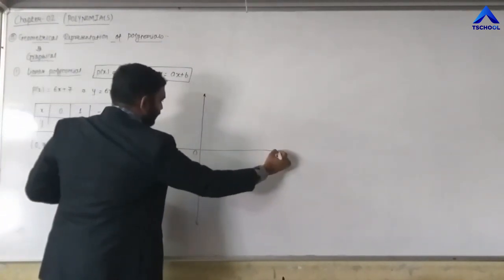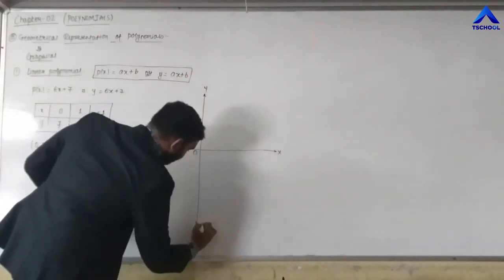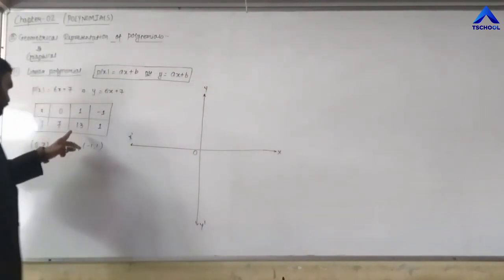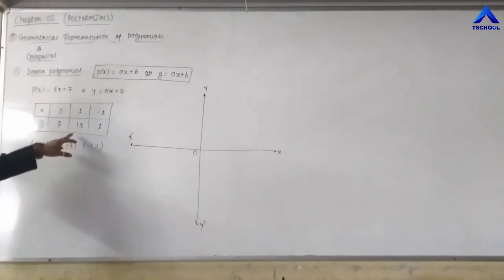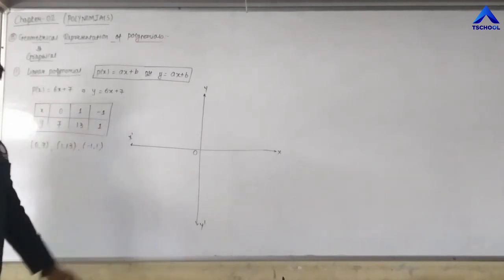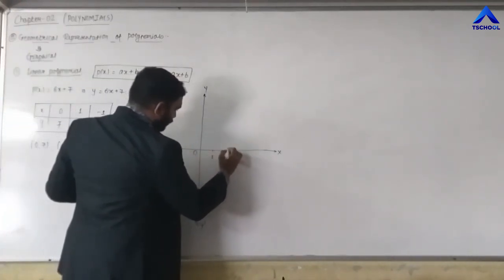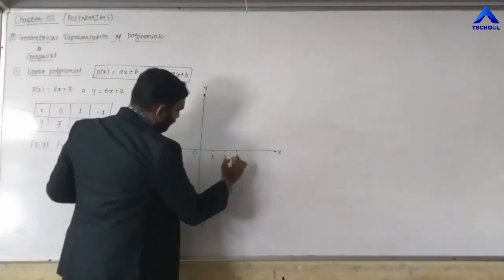That is 0, that is positive x, positive y, negative x and negative y. You need to draw the graph, so you need to go on y-axis up to 13 and you need to go on x-axis up to minus 1 and 0. So we are having 0, 1, 2, 3.